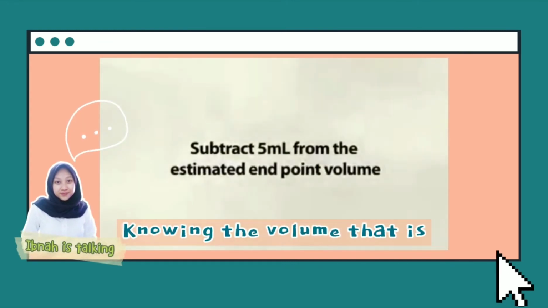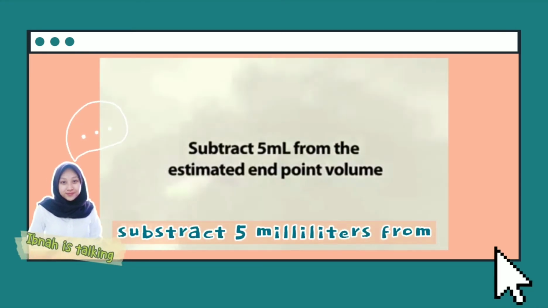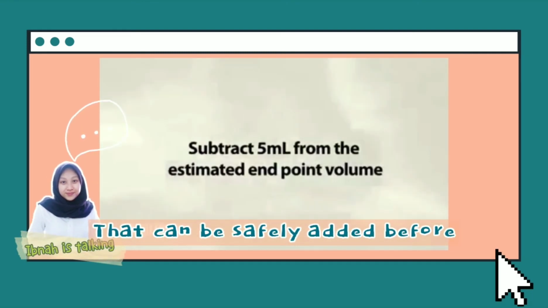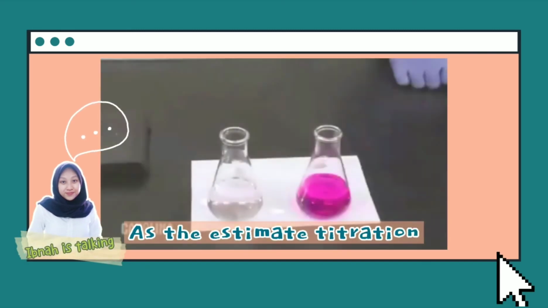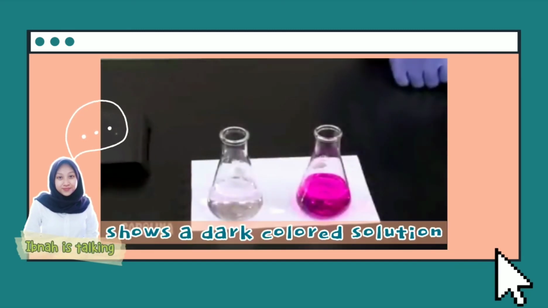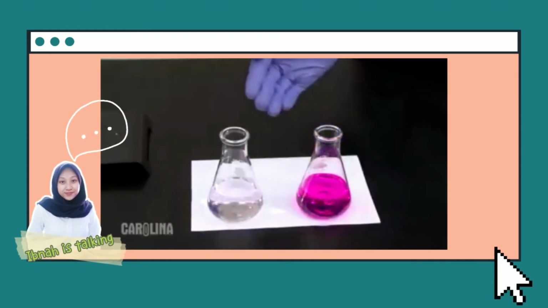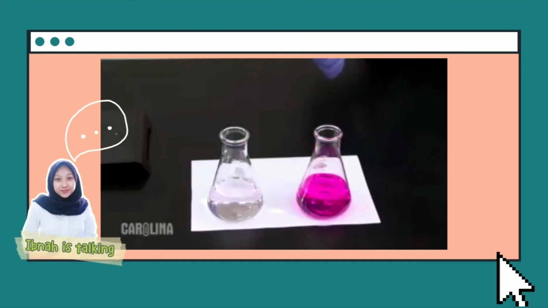Knowing the volume, there is a little past the endpoint. Subtract 5 ml from that number to get the amount of titrant that can be safely added before slower addition is required. As the estimate titration shows a dark colored solution, it indicates an excess of titrant has been added. The desired endpoint is a pale, faintly colored analyte.